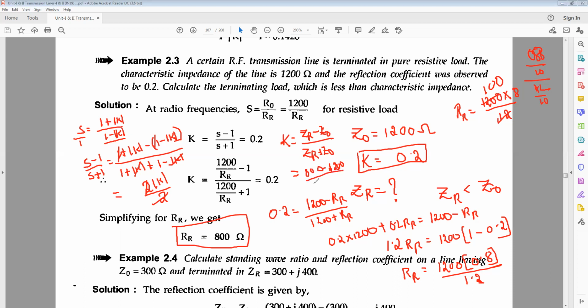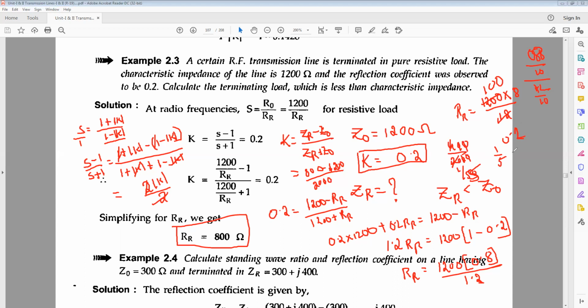So here 800 plus 1200 is 2000, and 800 minus 1200 is 400 by 2000. The 2 zeros get cancelled, and the value is 1 by 5. 1 by 5 means you can write it as 0.2.